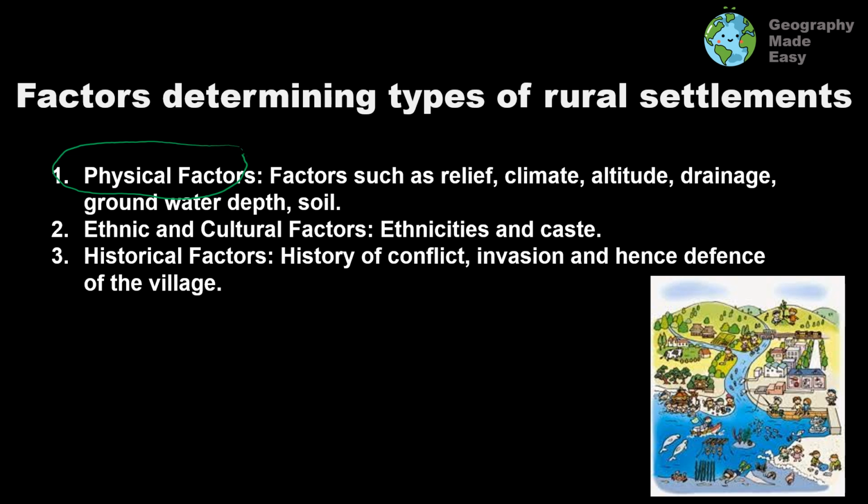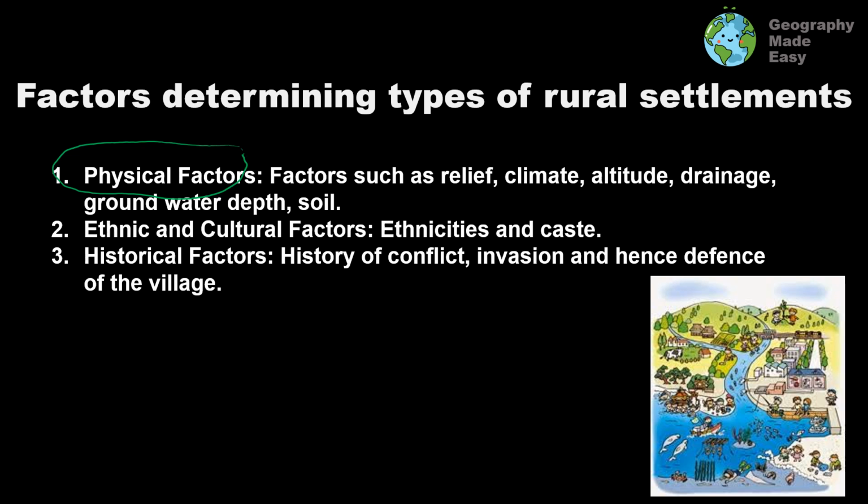This is because of the caste system which is prevalent in India. So the ethnic and cultural factors play quite an important role, where religion, caste and culture are a very rigid and strong point in the case of rural population.